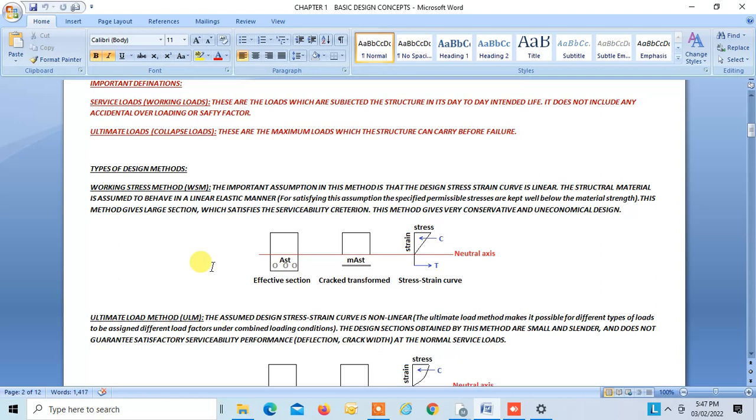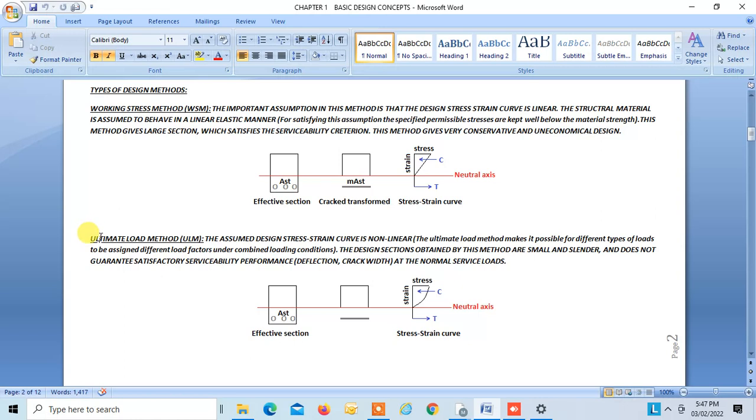That is, we are reducing the strength by 3 times. This method gives large sections, so there will be less deflection and the cracks will be small, which satisfies the serviceability criteria. This method gives a very conservative and uneconomical design.